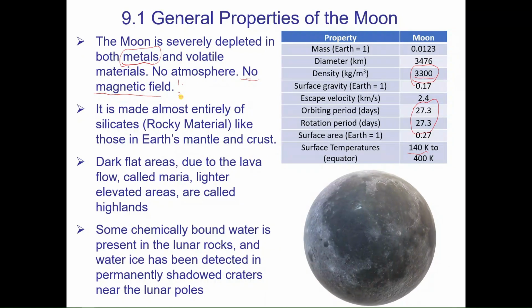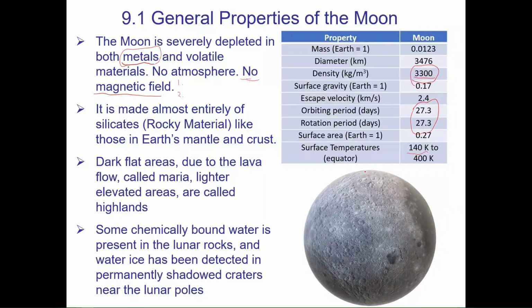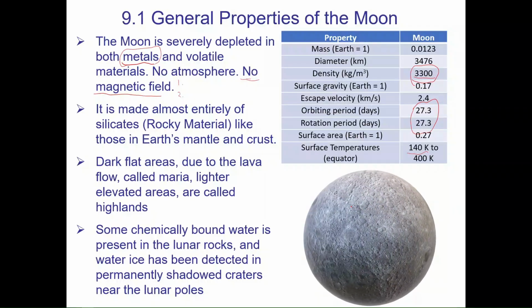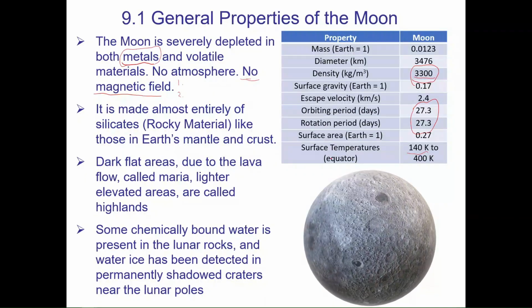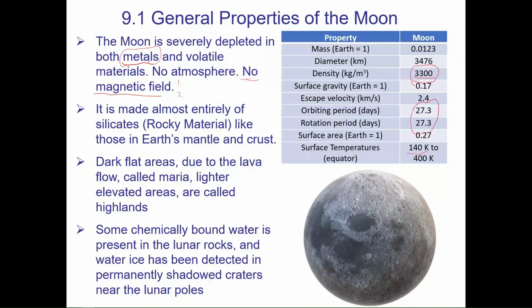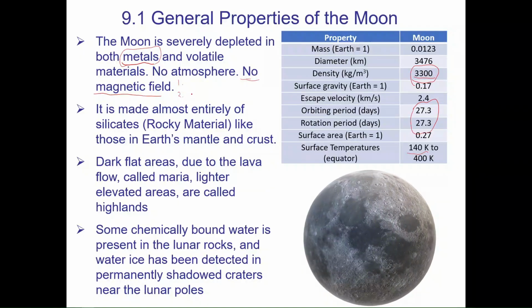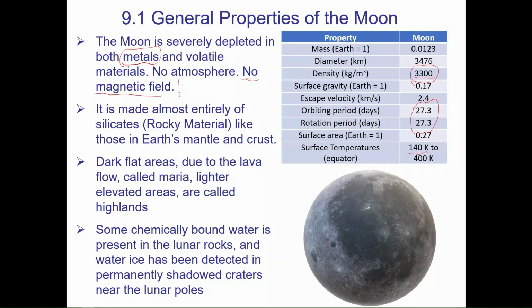The second is that it needs to rotate around itself. The moon meets the second criterion, as it rotates around its own axis. However, the depletion of metal means the moon has no iron core. Therefore, there is no magnetic field for the moon.